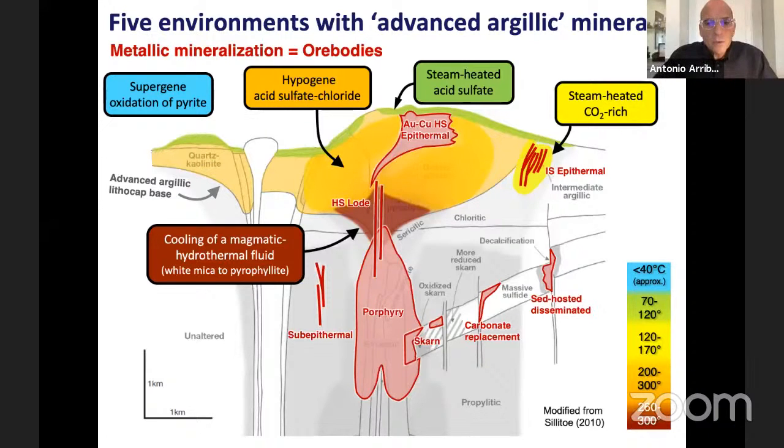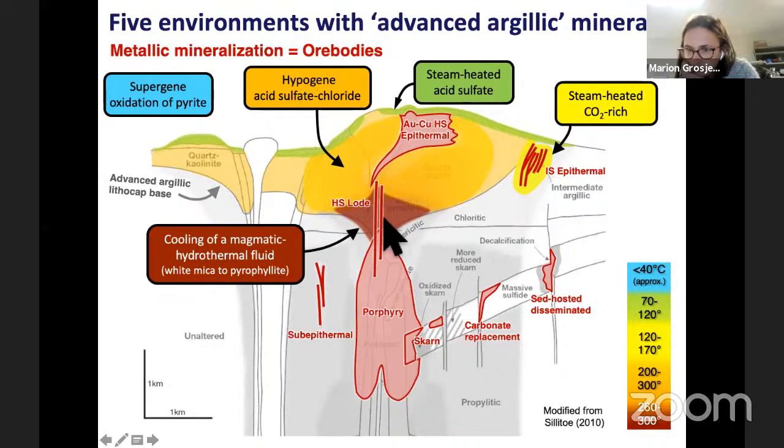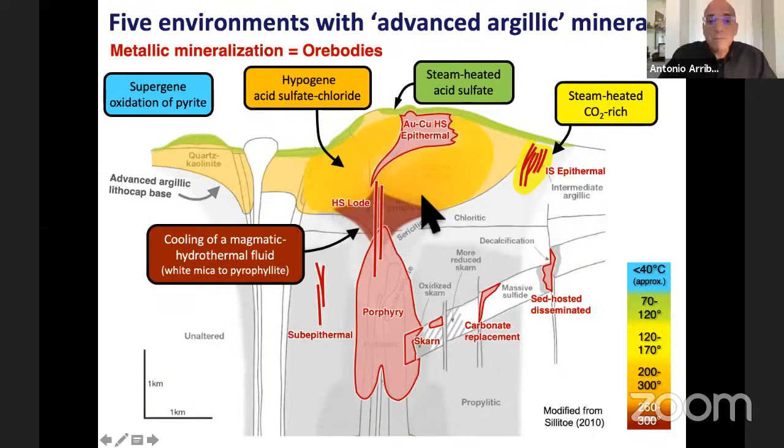Okay, so do we know the timing of this steam-heated with respect to the hypogene acid sulfate chloride? And second, the length of time. Well, the simple answer is I don't know in detail, but I can give an informed, educated guess.